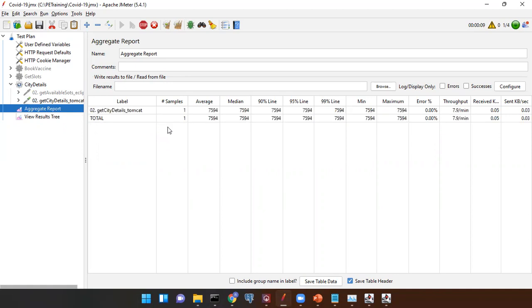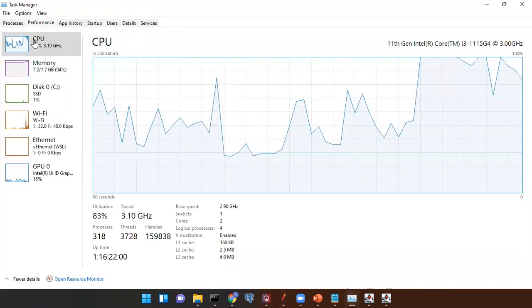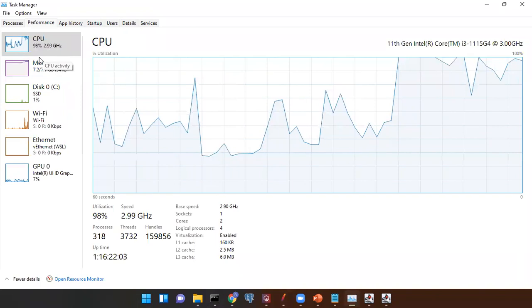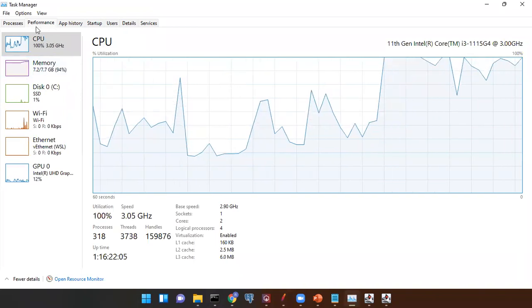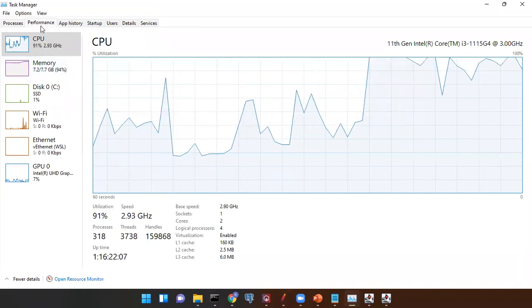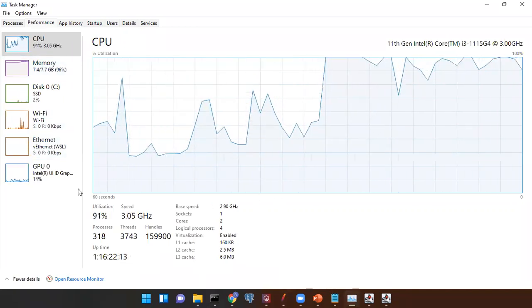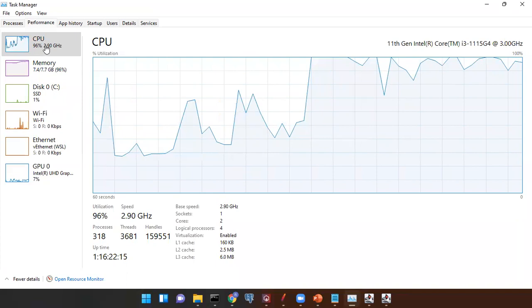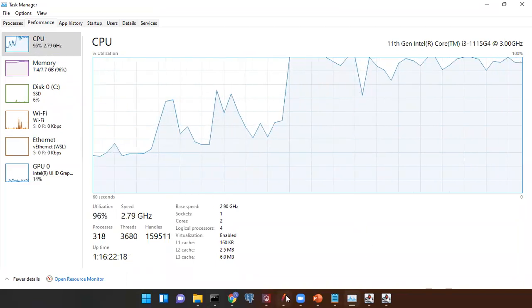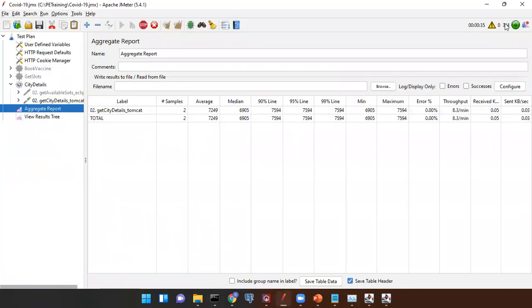Okay, and we make use of Task Manager. We have Task Manager, and we have a performance tab here. Basically, this gives us performance characteristics of this particular machine. Here if you observe, utilization is around 100% when the number of users increases to 4.